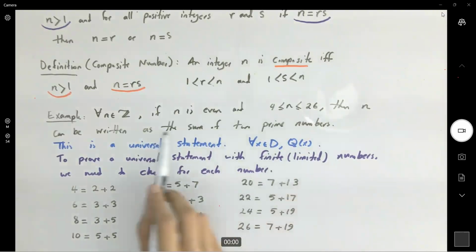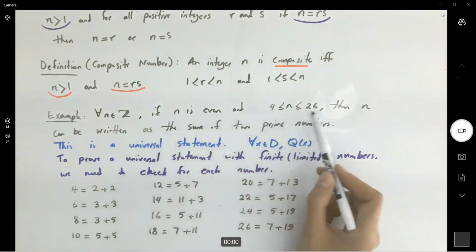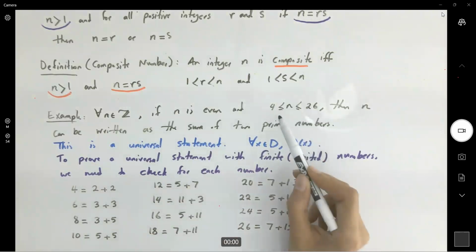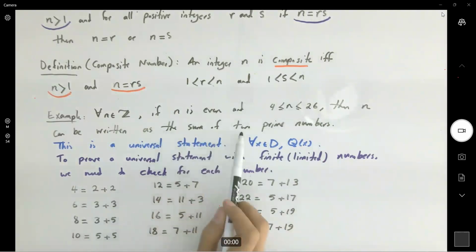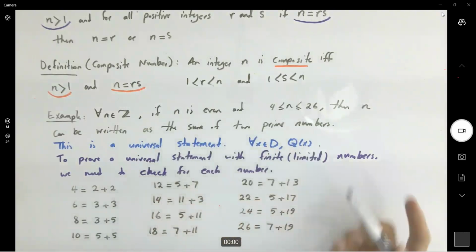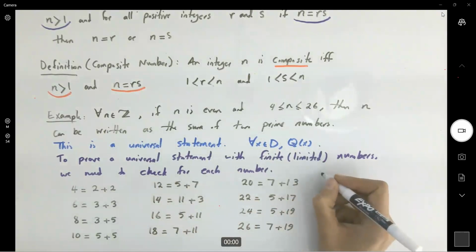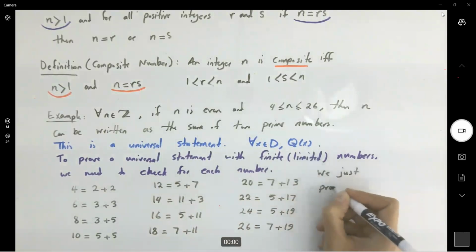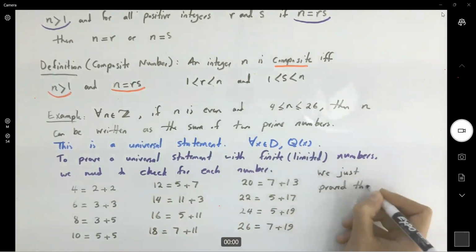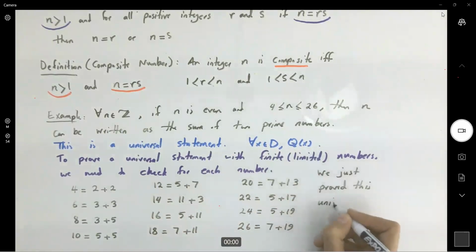So since the domain is limited between 4 and 26, we have to check for each number. We need to show that each number can be written as the sum of two prime numbers. So we just proved this universal statement.